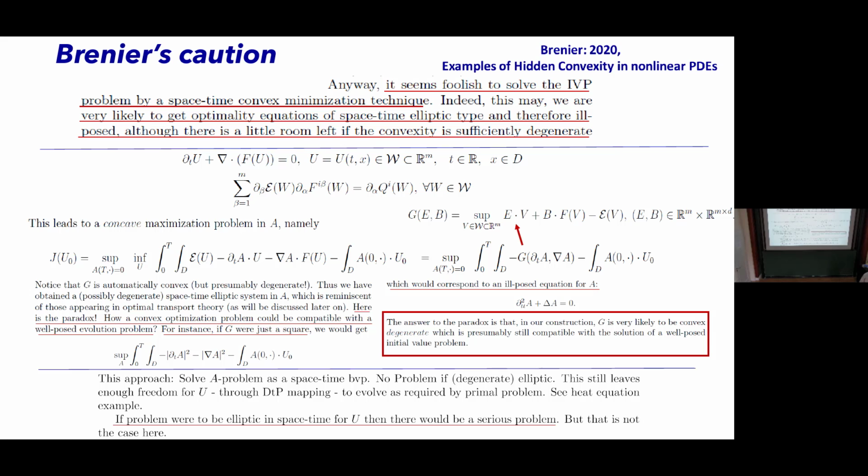Remember, the well-posed evolution problem is on the primal side. So then he goes on to say, for instance, if G were just a square, this is what you'd get, whose Euler-Lagrange would be the backward sort of wave equation. And his answer to the paradox is that in our construction, G is very likely to be convex degenerate, just convex.